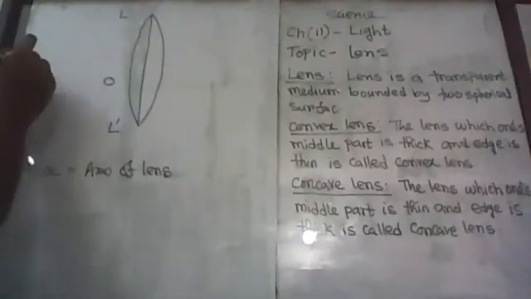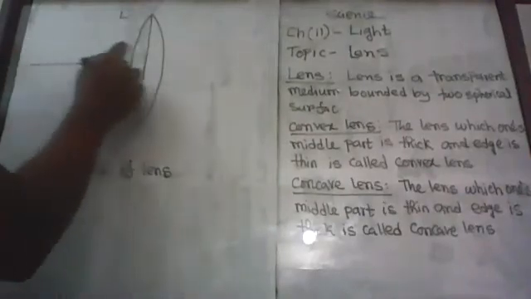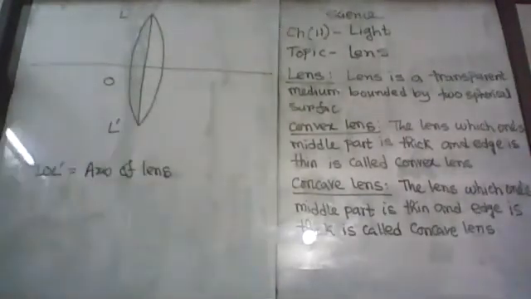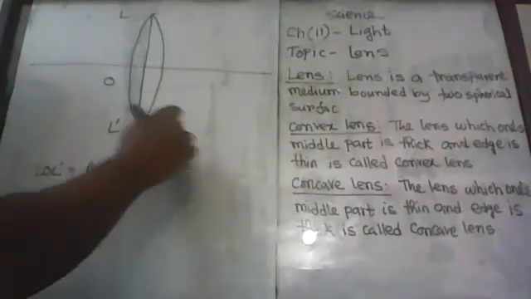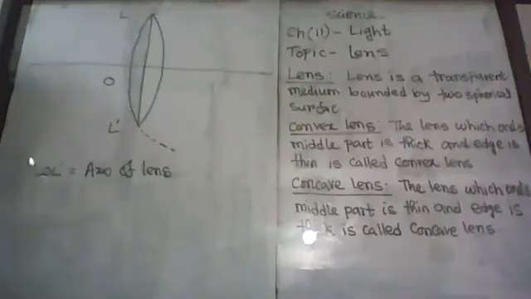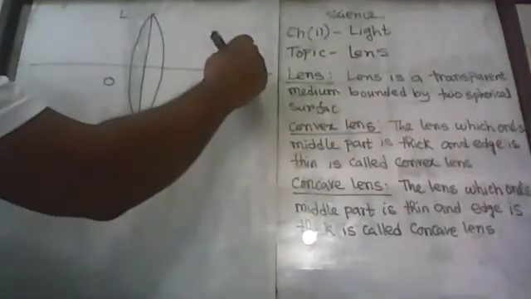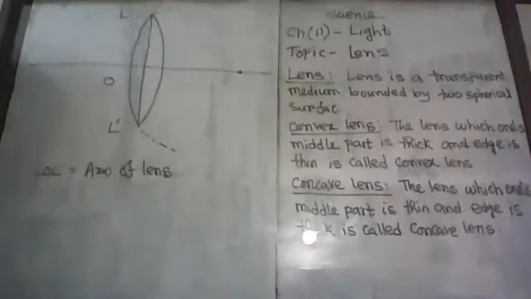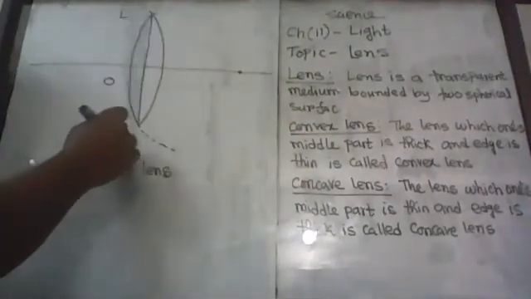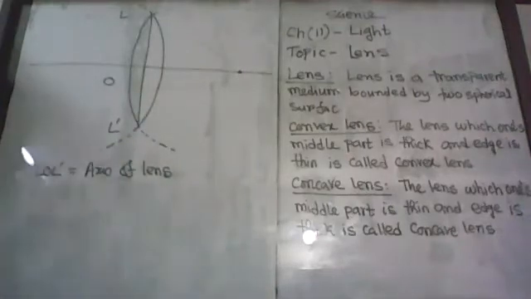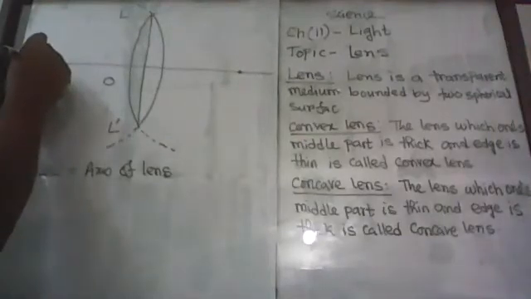Now you see here, there's a joining line. The first one is a spherical surface. This spherical surface has a middle part, a center point. This is the center point. And also know that the second surface is also a spherical surface. This spherical surface also has a center point.